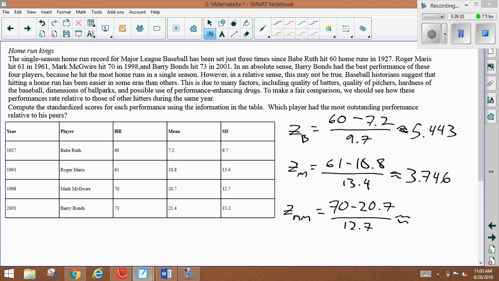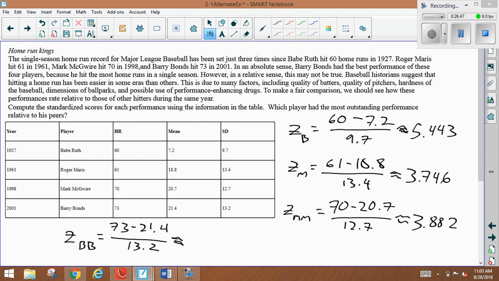Yeah. Anybody get Z sub Mark McGwire? 23 minus 21.4 divided by 13.2. Let's give them the approximate as well. Anybody get Mark McGwire? 3.882. Yeah.